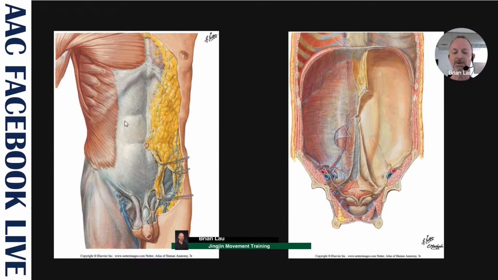If I were to look at it from the back surface, that's what we're seeing in the right image. In this case, we're looking from the back through the body, visceral cavities removed, and we're seeing the peritoneal cavity from the back, but the front surface of it. So here's the rectus abdominis. You can see a window of it.